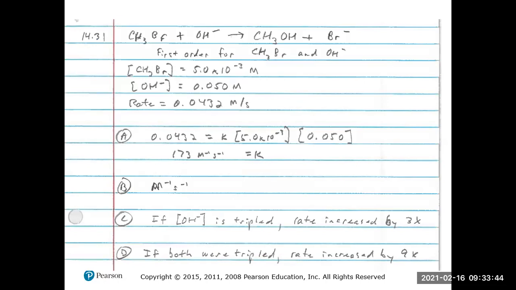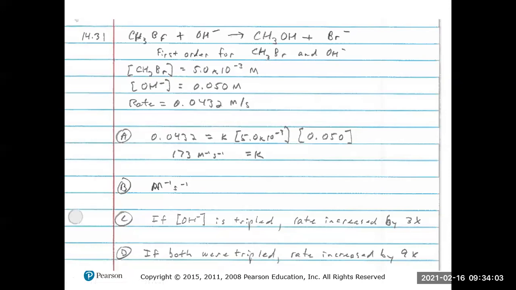That question tells us we have this reaction: CH3Br, methyl bromide, plus hydroxide gives us CH3OH, which is methanol, plus bromide anion.